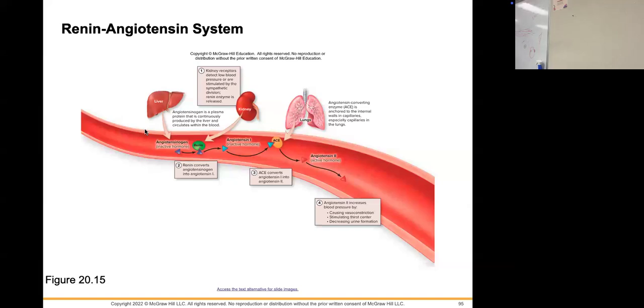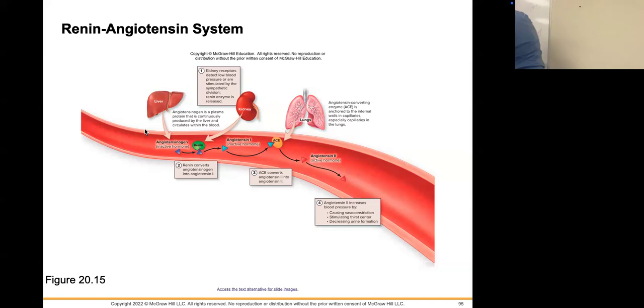So renin is going to act on our angiotensinogen and basically turn it into angiotensin, which is our first stage. So we're going to call it angiotensin 1. That's why it's RAAS. Angiotensin 1 is the first A. Our next one is angiotensin 2.